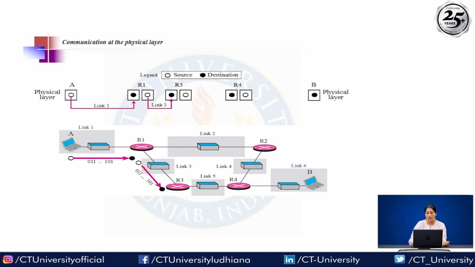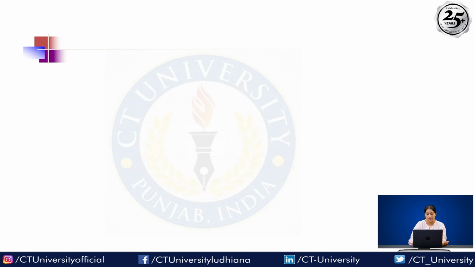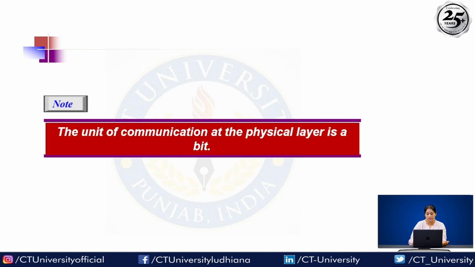R1 will follow route R3, R3 will follow route R4, then R4 will deliver data to device B. The unit of communication at the physical layer is a bit, meaning the data on the physical layer is moved bit by bit.